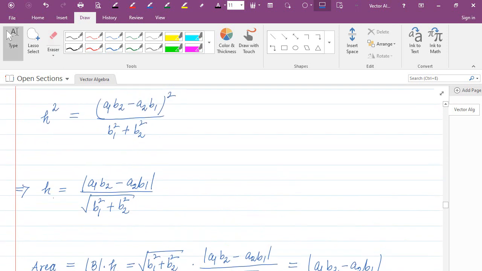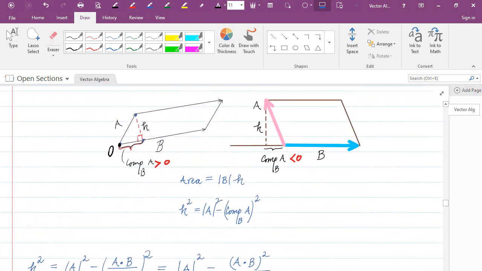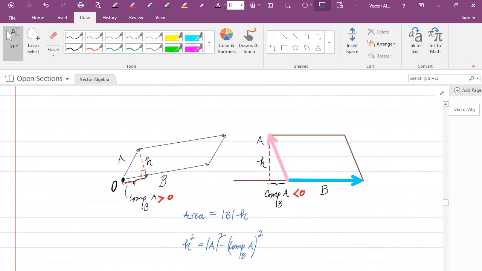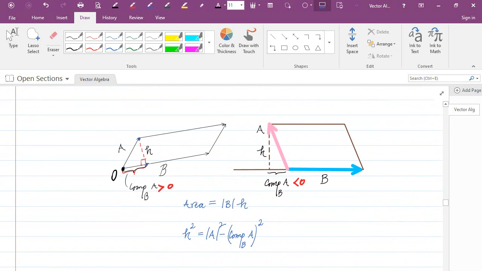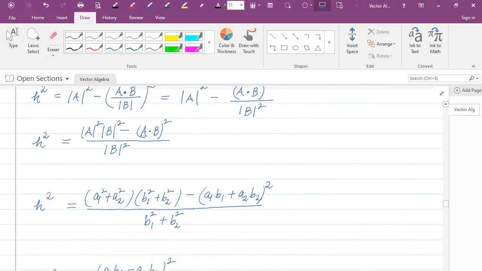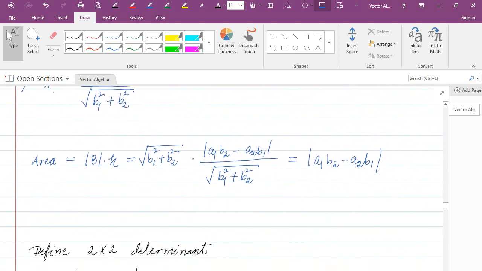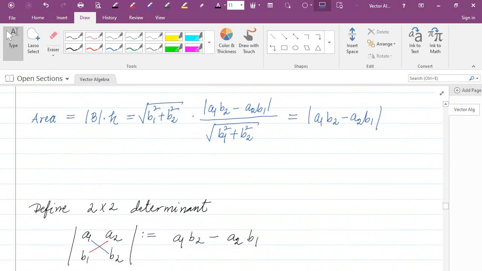So the area of the parallelogram spanned by two vectors A and B in 2-space is simply given by this quantity.